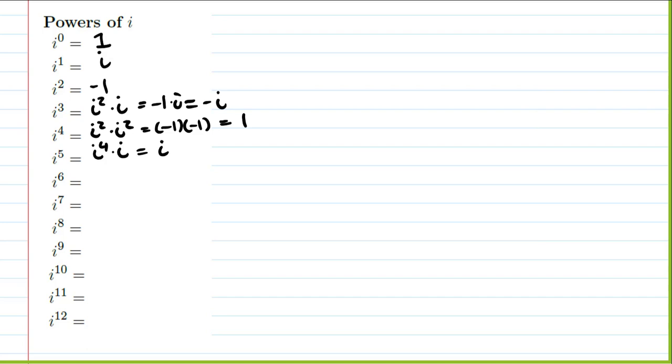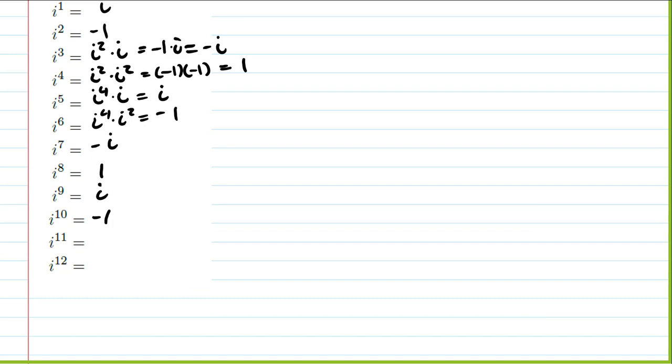And we notice it starts repeating. And if we keep doing this, i to the fourth times i squared is going to be 1 times i squared, and i squared is negative 1. We get negative 1, negative i, and then we get back to 1, i, negative 1, negative i, and then we're back to 1 again.